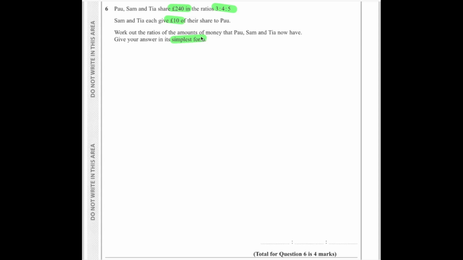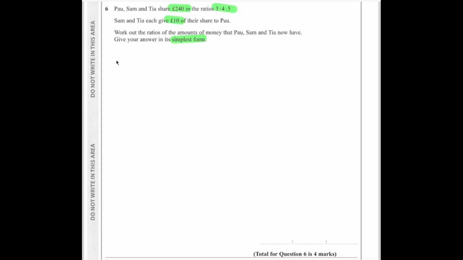So remember, initially they had this much, 240, and they shared it using this ratio 3:4:5. After they shared their amount, Sam and Tia each give 10 pounds to Paul. Let's see how they shared using this 3:4:5 ratio.